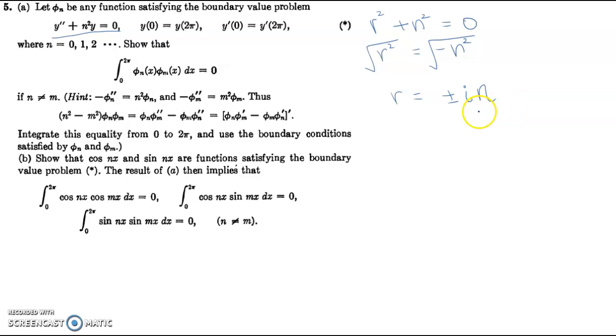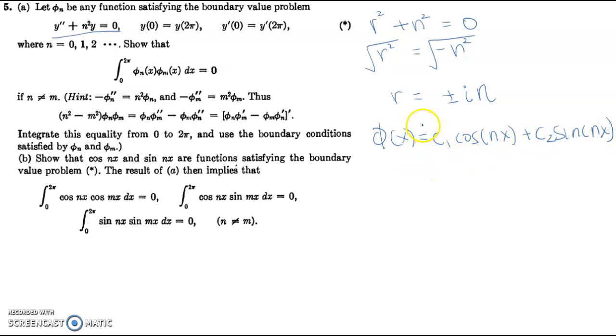Since these are complex solutions, the third case from last week's homework can apply. And so we have our answer as phi of x equals C1 cosine of nx plus C2 sine of nx.